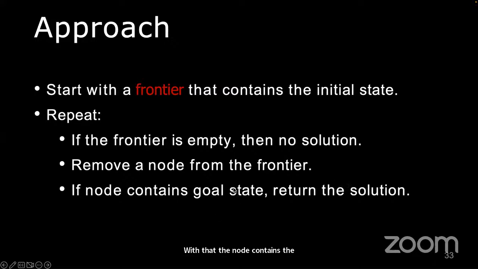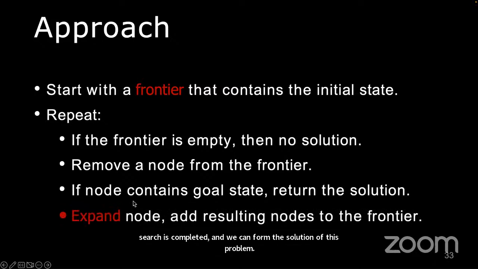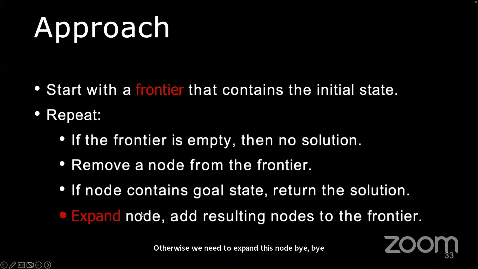If we find that the node contains the goal state, then our search is completed, and we can form the solution of this problem. Otherwise, we need to expand this node. By expanding a node, we mean that we need to find the neighboring nodes, which can be reached by executing valid actions, and we need to add those new nodes into the frontier.